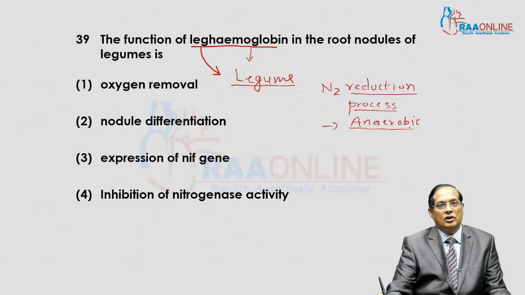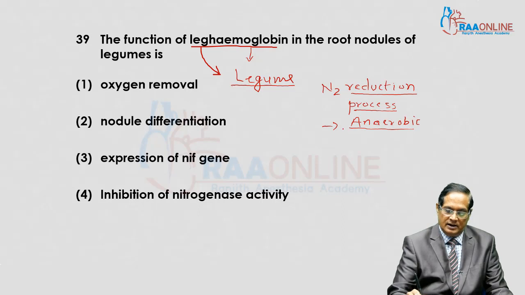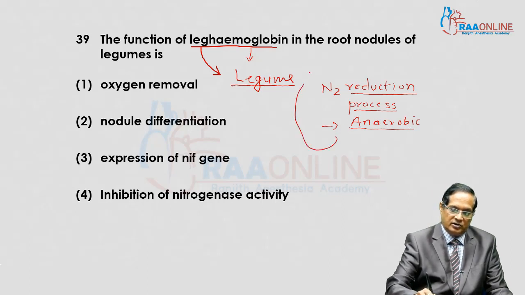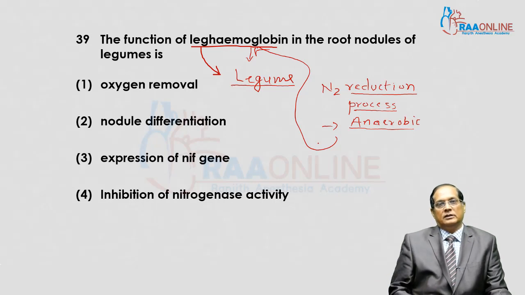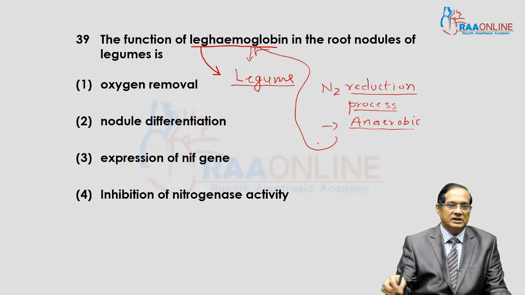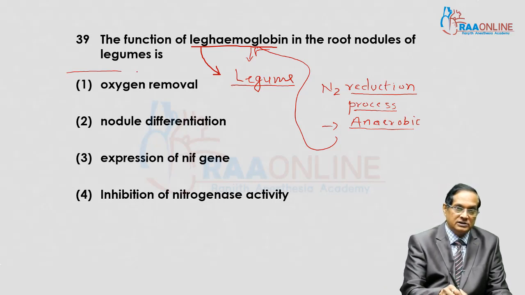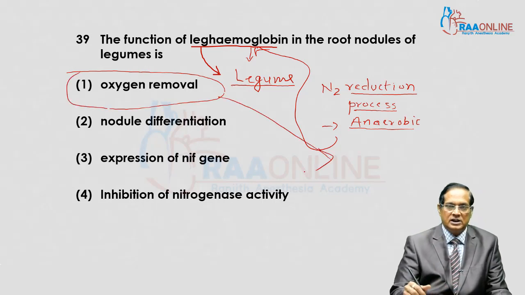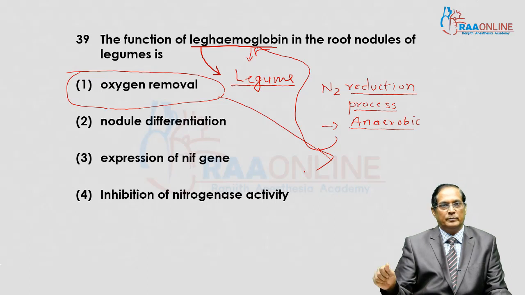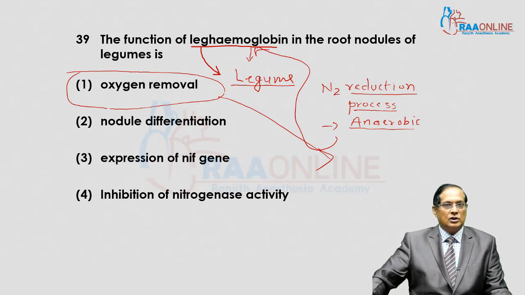That is, oxygen is actually an inhibitor for this activity, and that oxygen is trapped by leghemoglobin. So if oxygen is there around the nodule, it is trapped by the leghemoglobin. It is needed for the removal of oxygen, or better to say, it is an oxygen scavenger.